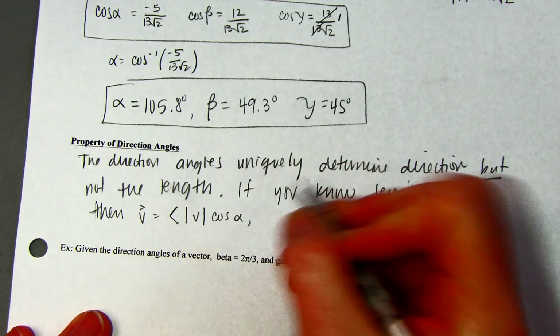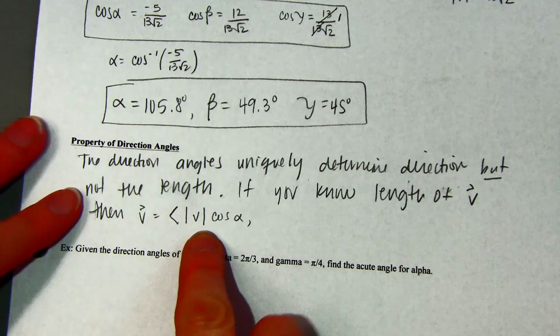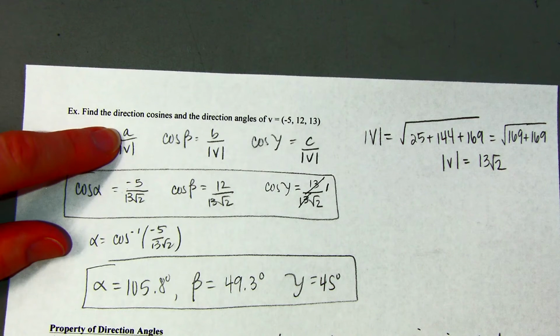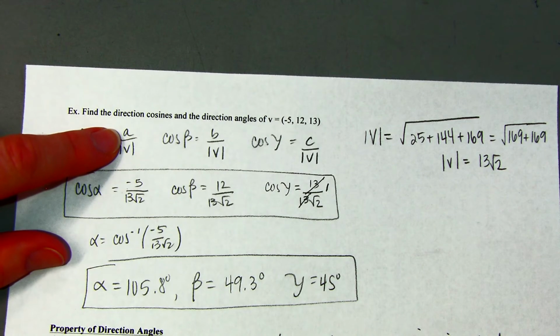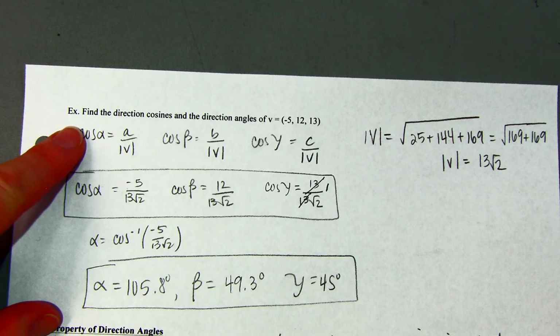So what this statement is all about is, if you wanted to find the components of V, you could find A, B, and C if you know the magnitude of V and you know what the direction angles are. So you could work backwards.